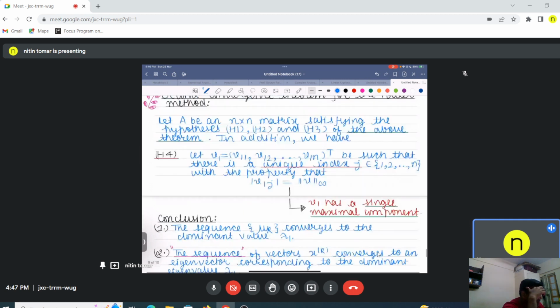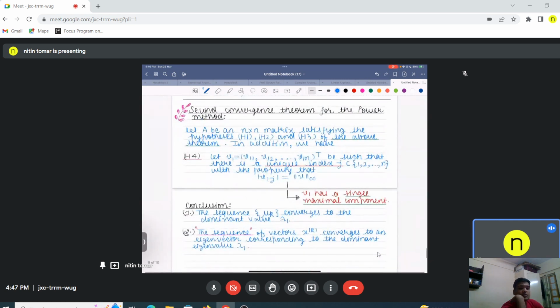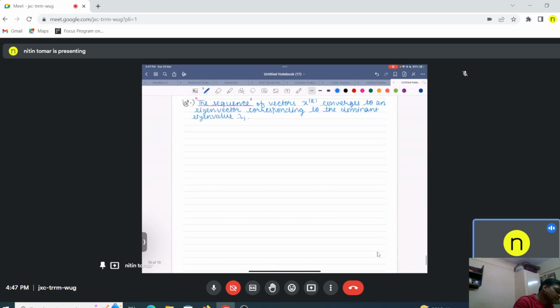With the additional hypothesis H4, we get that actually the sequence of xk itself will converge to an eigenvector corresponding to the dominant eigenvalue lambda 1, okay?